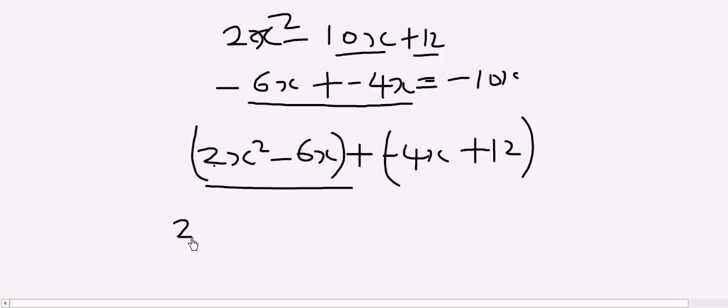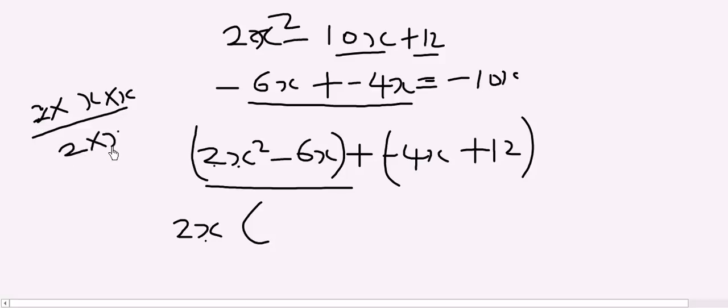We also see that x is common to both. I can bring out x, so that 2x squared divided by 2x: 2x squared simply means 2 times x times x, divided by 2 times x, which is 2x. x cancels x, 2 cancels 2, and what is left is simply x.